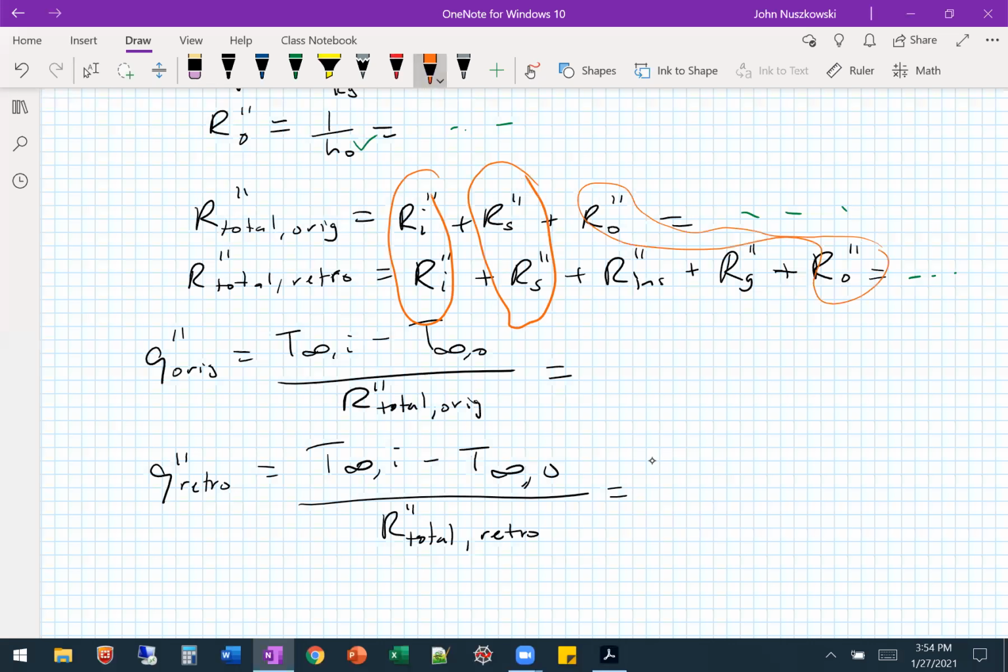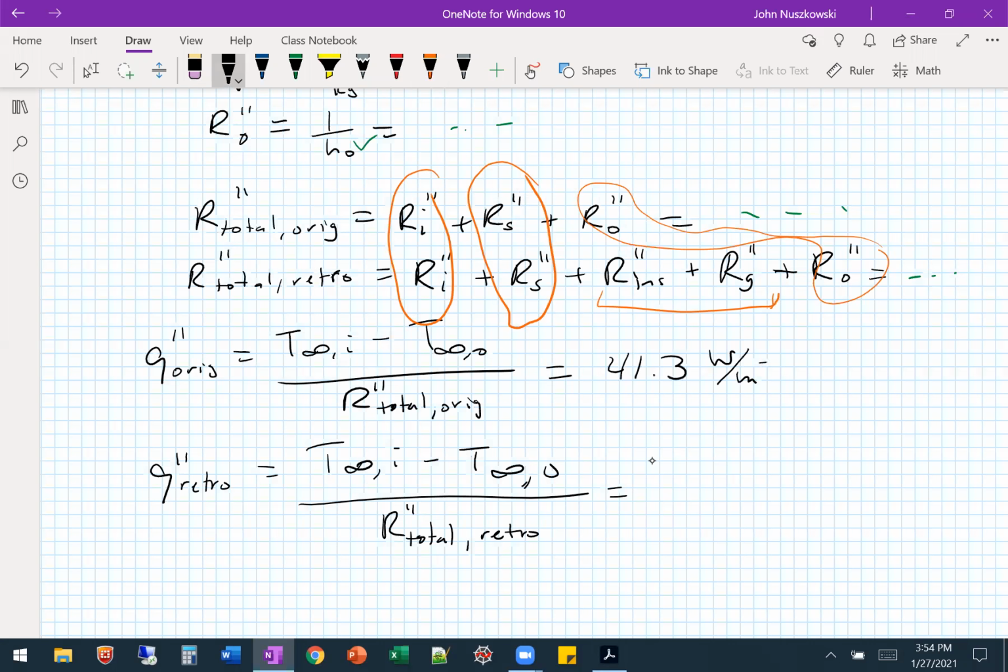So we're basically adding these two resistances together, which are positive quantities. There's no negative there. So it's going to lower our heat flux.